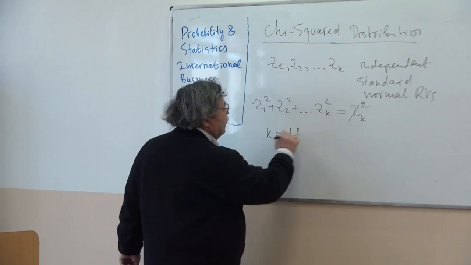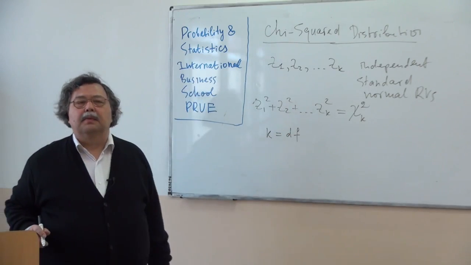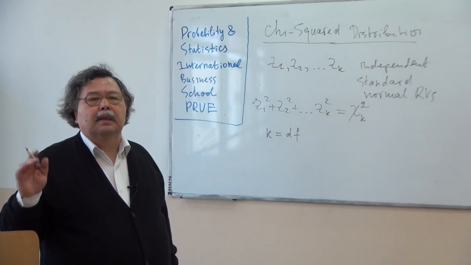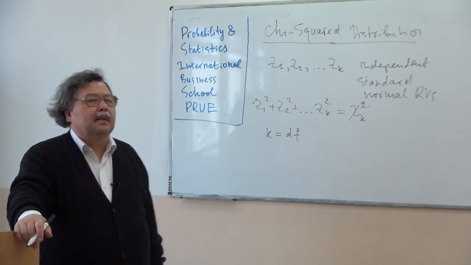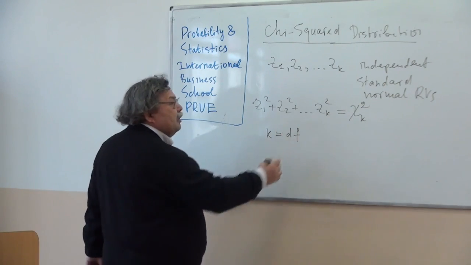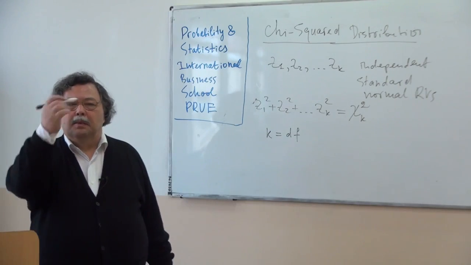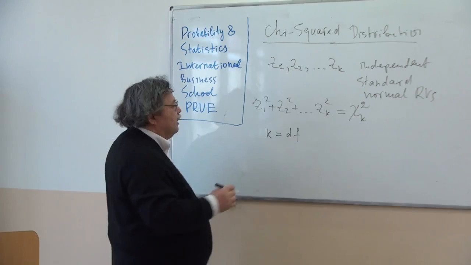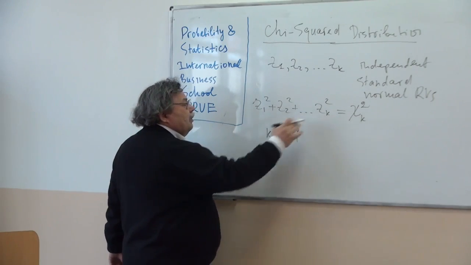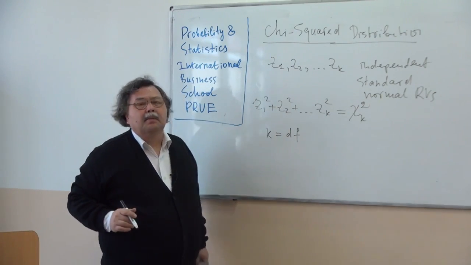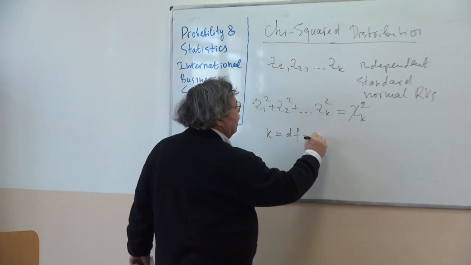Now, quite often this notation is used, df. And again, I said it last time, let me repeat this: df is not a product of something called d by something called f. It's an integral notation, and in this formula it's the same as k, the number of degrees of freedom.